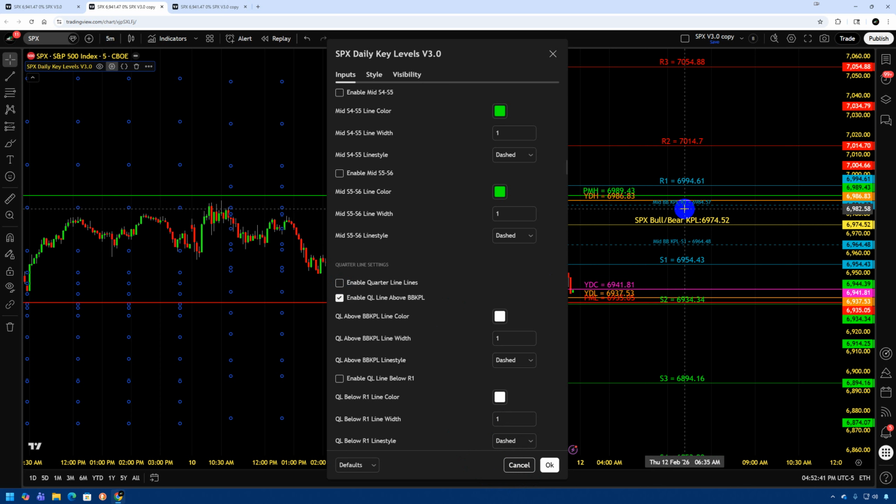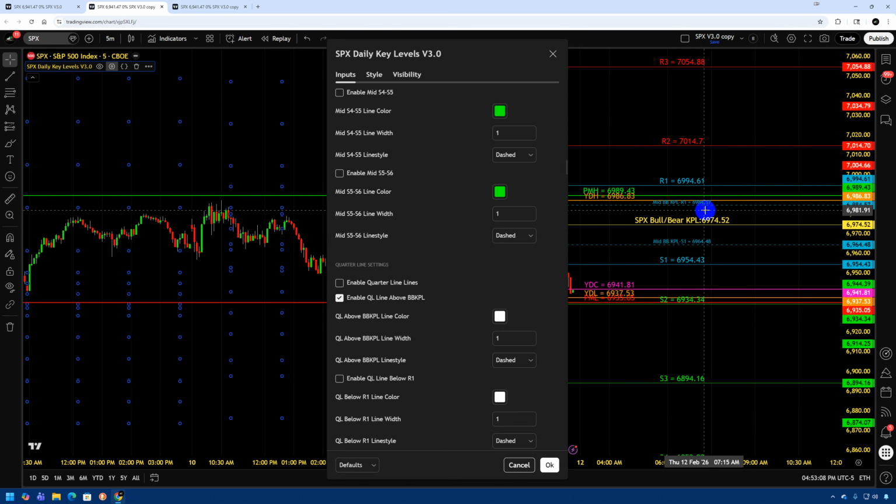Next, what you should do for the midpoint lines is change those to a different color. Right now, as the default, they're the same color as R1 and S1, at least these two lines here are. And the historical lines are going to show up for whichever ones are enabled in the user control panel.